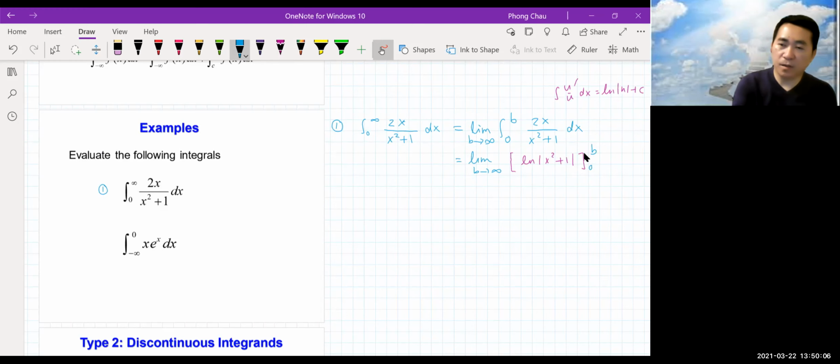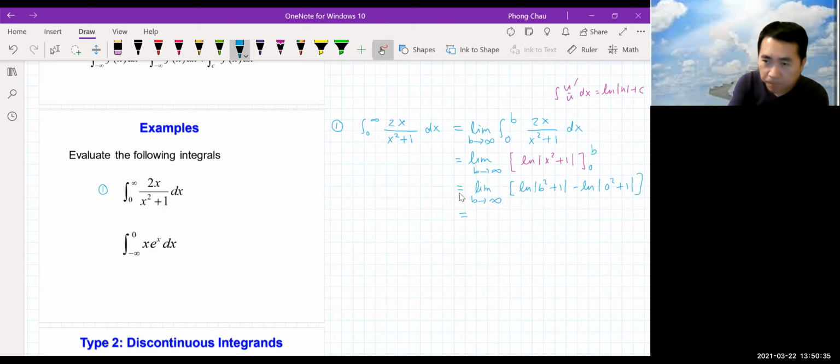Then we apply the upper and lower limits, plug in. Then we have natural log of b squared plus 1 minus the natural log of 0 squared plus 1, as b approaches infinity.